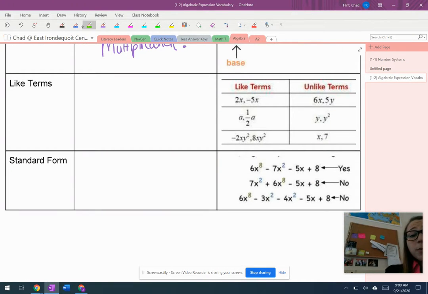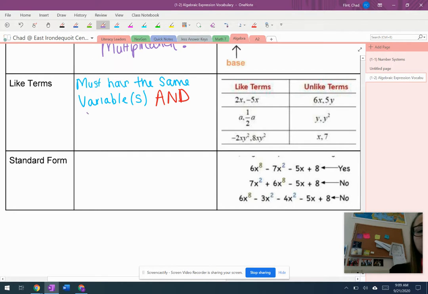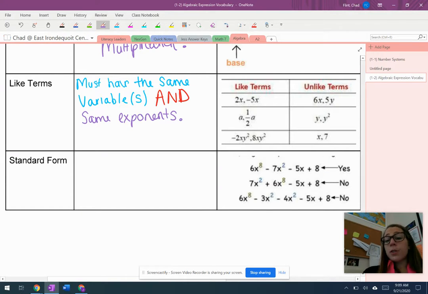Like terms here, remember that like terms must have the same variables, and that can be either one variable or multiple variables. They must have the same variables, keyword and, both of these things need to be true, and the same exponents. So you can see we have examples of 2x and negative 5x.